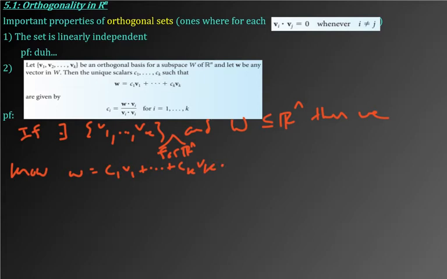That's the first part, that there exist these scalars, okay? And then we have to show the computation part, so how we get these scalars specifically, okay?